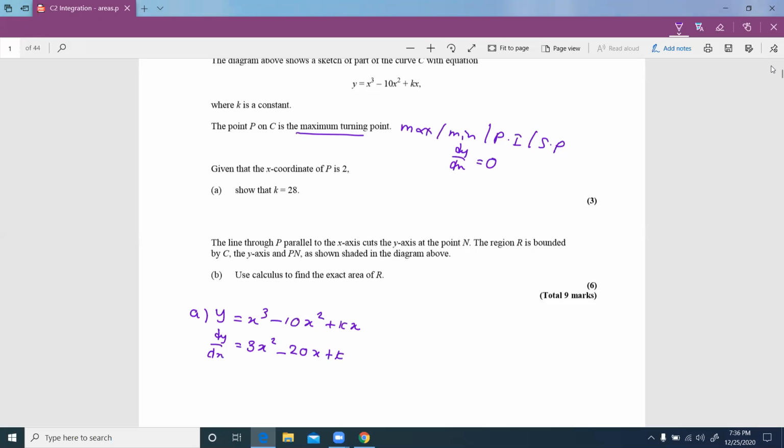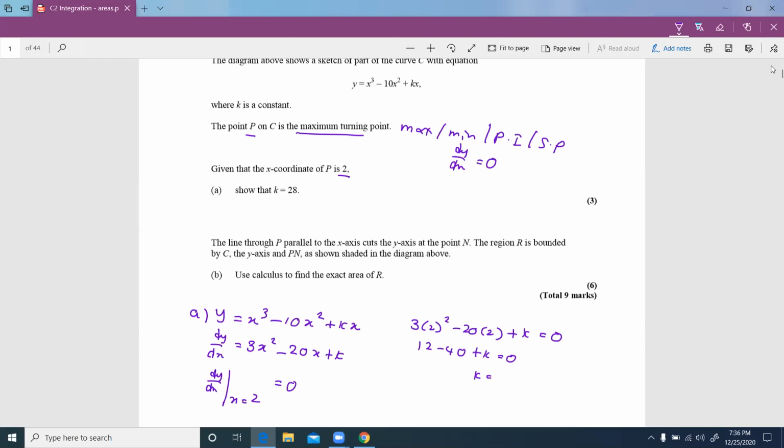They mentioned it's a turning point at P, and we know the x coordinate of P is 2. Therefore dy by dx at x equals 2 is equal to 0. So simply put in 3 times 2 squared minus 20 times 2 plus k equals 0. So this is 12 minus 40 plus k equals 0. Therefore k becomes, obviously, 28.